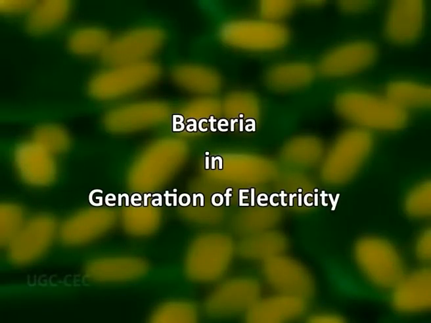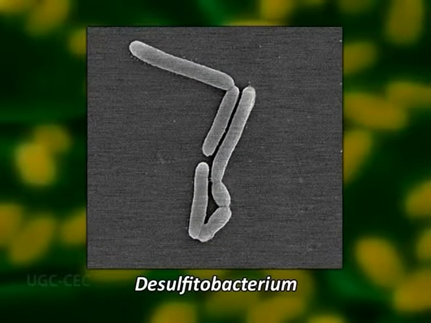A very eccentric role of bacteria is in the generation of electricity. There are some bacteria, such as members of the genus Desulfitobacterium, which are able to continuously generate electricity. These bacteria are able to metabolize or consume diverse substances as their food.